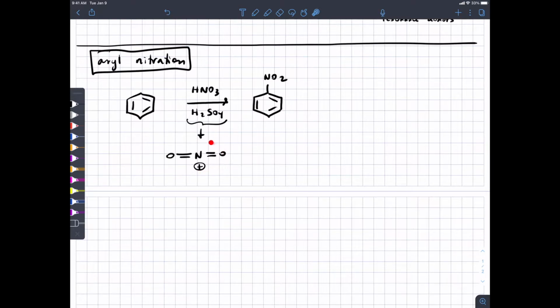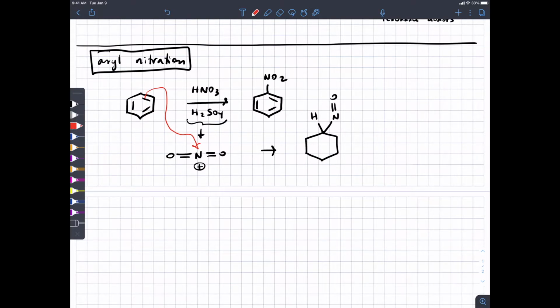But you generate this NO2+ as the electrophile, and then, just as we've done previously, pi electrons on benzene attack the electrophile to give you the no longer aromatic carbocationic intermediate.